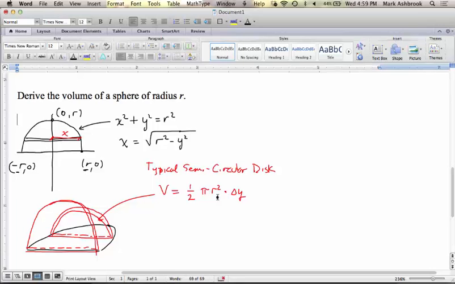So maybe I should have, this is not the same r here. So let's use capital R. Capital R means the changing radius of our typical disk as we move up here from 0 to r. And we said that that's the x-coordinate, so that's this thing right here. And we just found that that was the square root of r squared minus y squared.